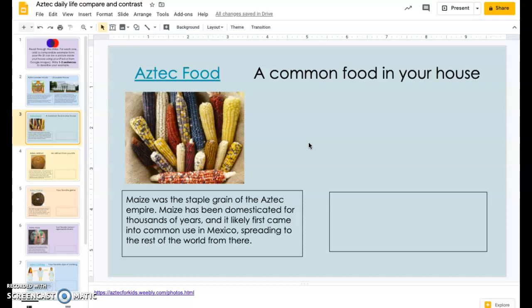But I think it would be awesome if you could actually find a food that's in your house that you like to eat, whether it's cereal, whether it's the leftovers from dinner last night, whether it's Takis, I don't care, but just a picture here and then 1 to 3 sentences describing the food in your culture.